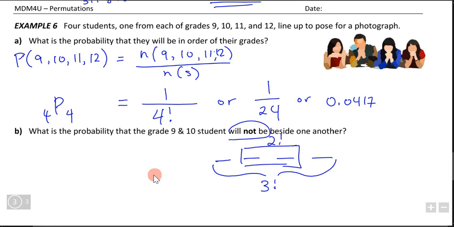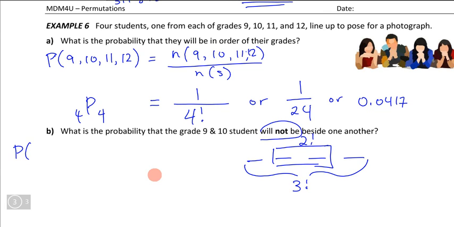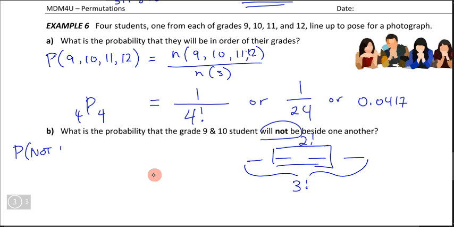So I'm going to start by looking at the probability that they're not together being equal to 1 minus the probability that they are together, because it's easier to calculate the probability that they are together.